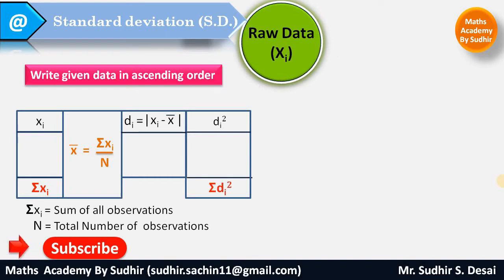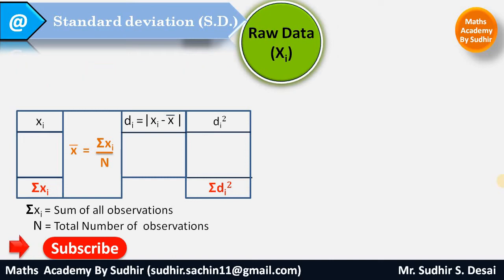Now I will write down the formula for standard deviation. Standard deviation is denoted by the letters SD, or by the letter sigma. In the numerator, write down the summation of the last column. What is the last column? Di square, and its addition is denoted by summation di square.